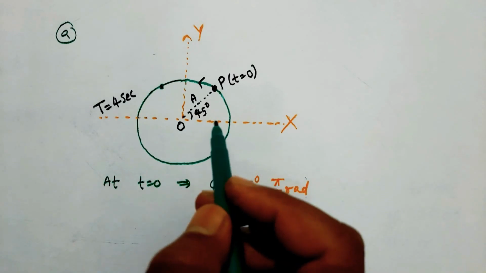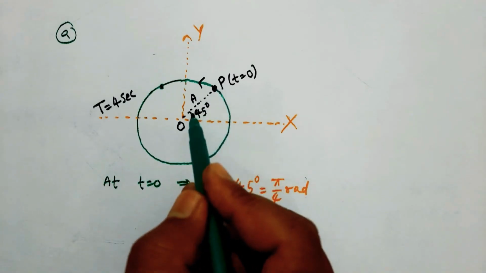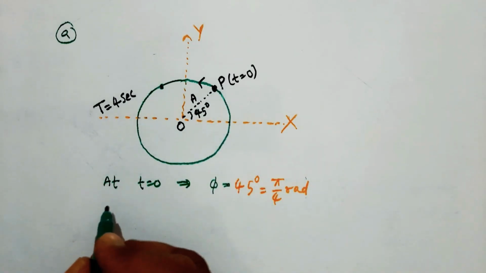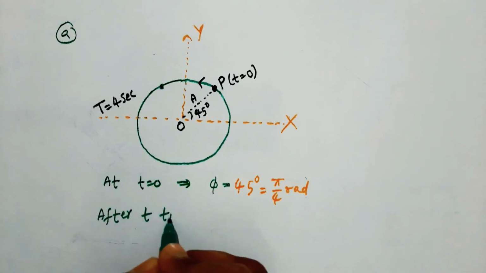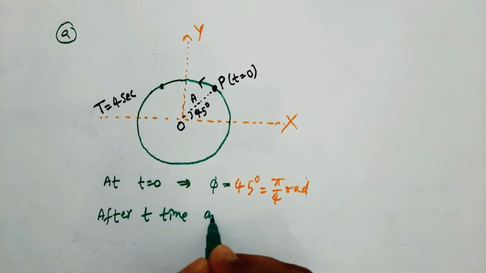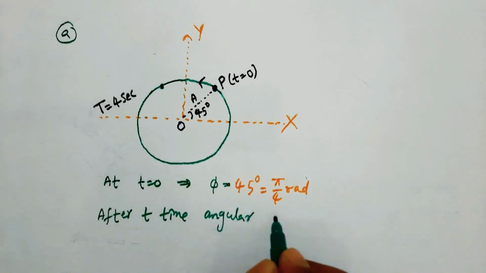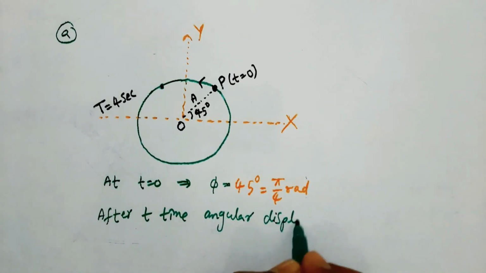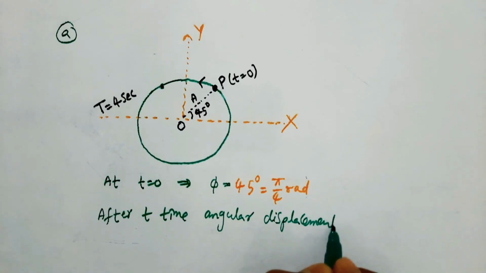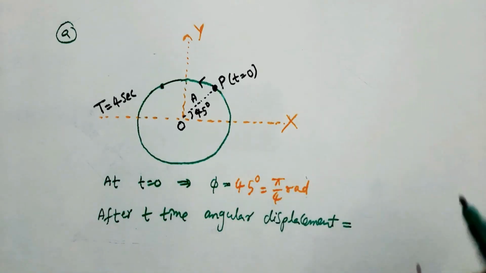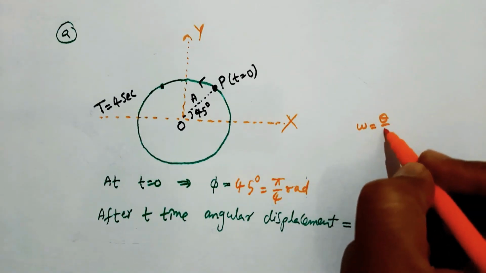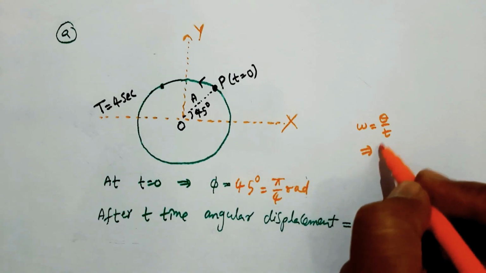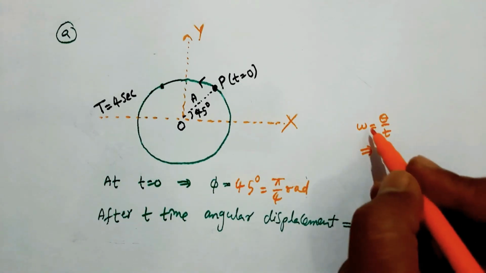After t time, the angular displacement of the position vector is how much? We know the angular velocity omega is equal to angular displacement by time. So from this, the angular displacement theta is equal to, how can we write?